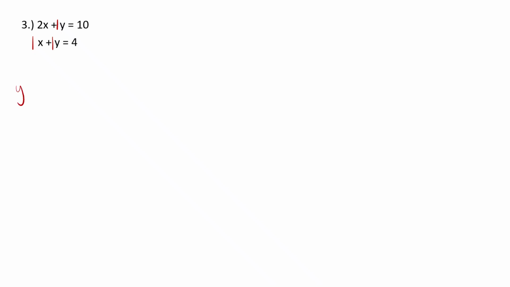You could end up with y equals 10 minus 2x. You could have y equals 4 minus x, or you could have x equals 4 minus y. If you have any of those as your first step, then you're on the right track, and they're all equally good for solving this system of equations. So I'm going to pick one of those to work with and go through the steps, but as you're looking at your work for it.